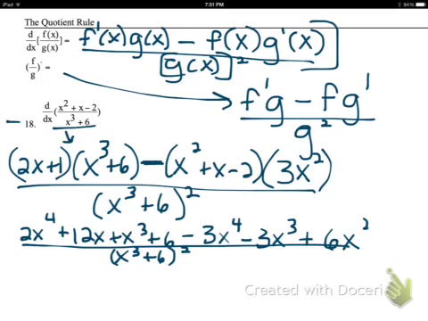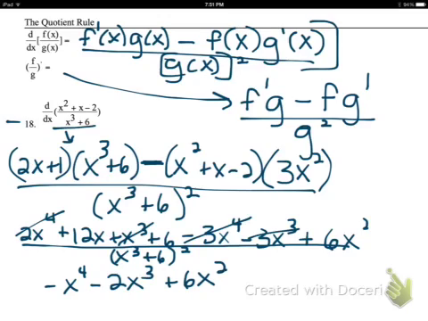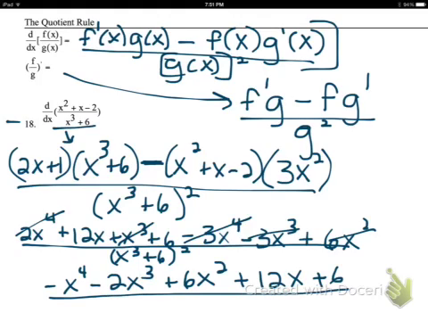And then let's see what we can combine. I have negative 1x to the 4th if I combine those two. I have x cubed minus 3x cubed, which would be minus 2x cubed. All I'm doing is combining like terms now, guys. Plus 6x squared plus 12x plus 6, all over the denominator x cubed plus 6, squared.